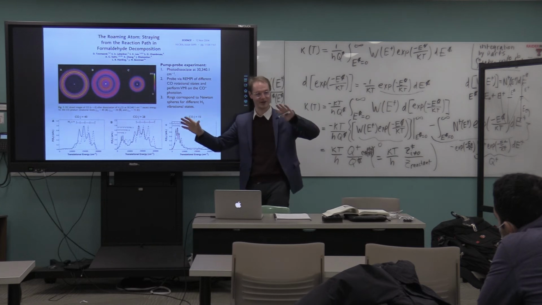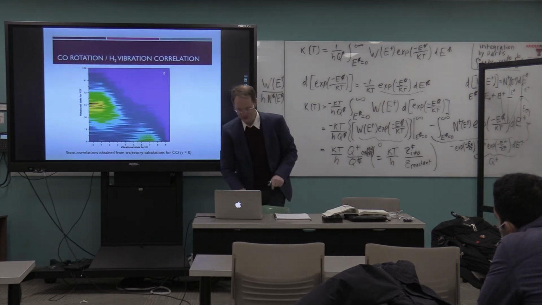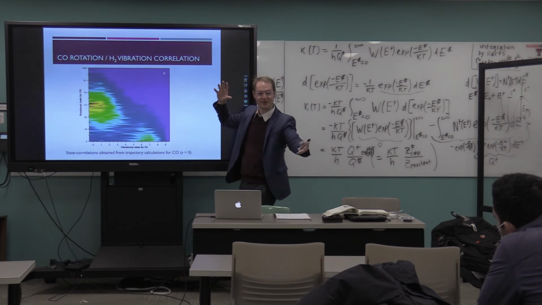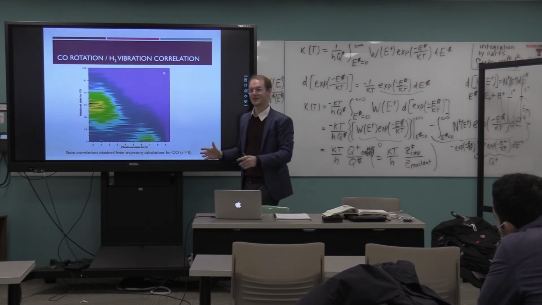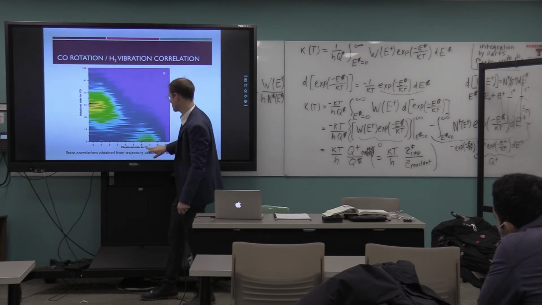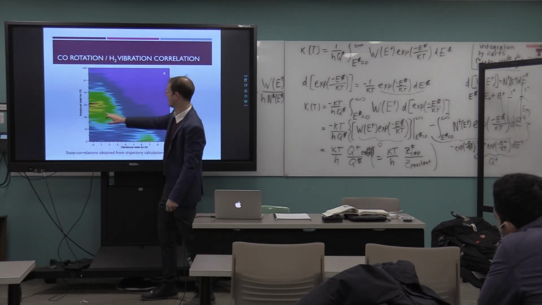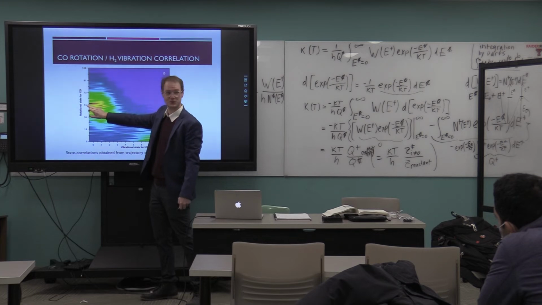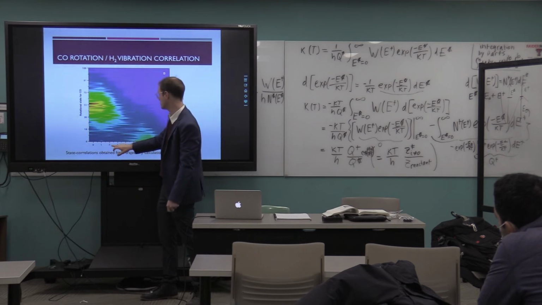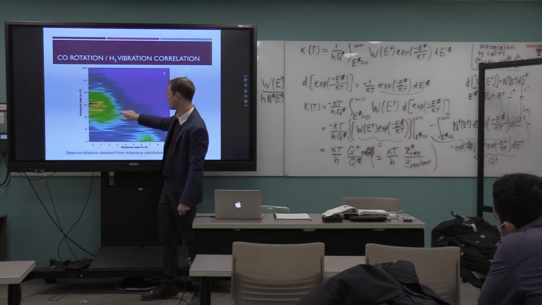There's two different things going on. If you look at all the data together, you can do this for every single J state. For every rotational state of CO, you get a vibrational distribution of the H2. At very high CO rotational states, you only see these low vibrations of the H2, from V equals 0 to 4 approximately.